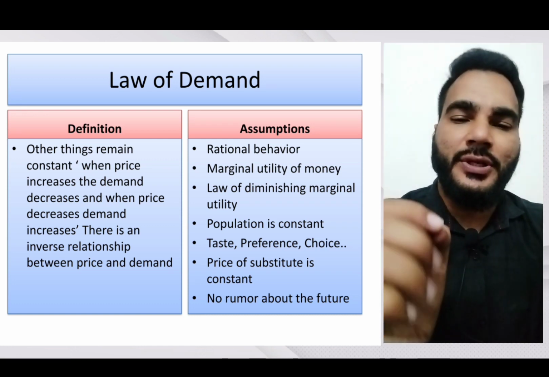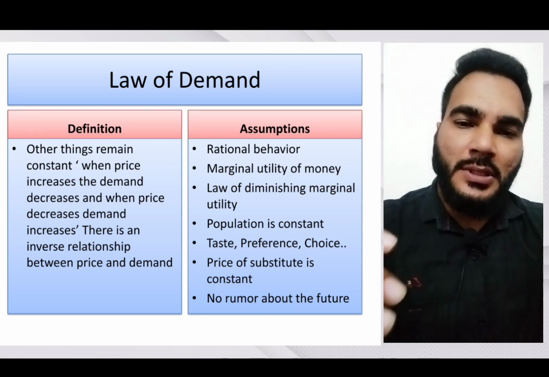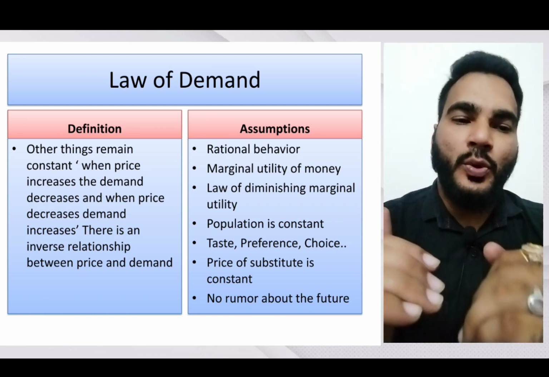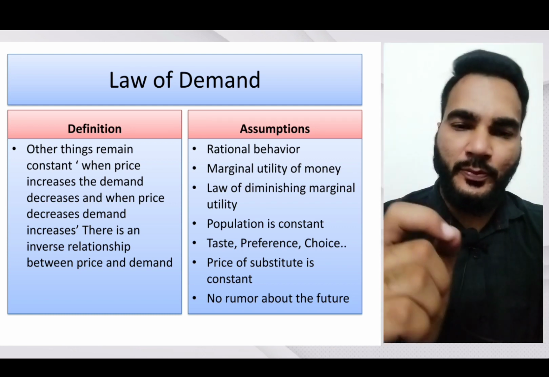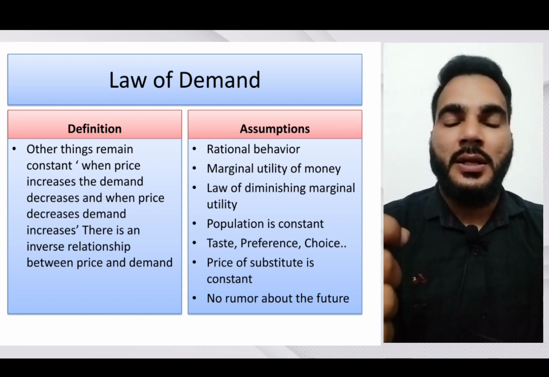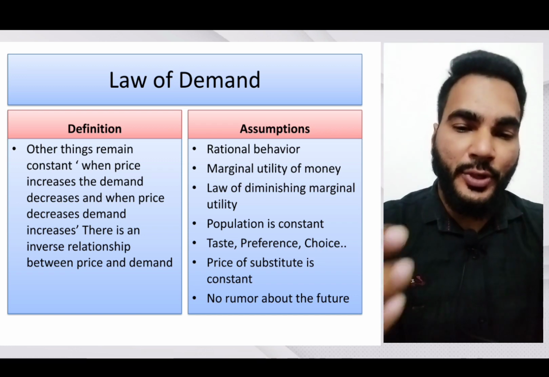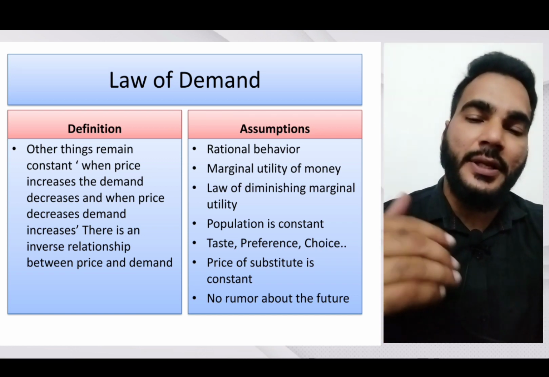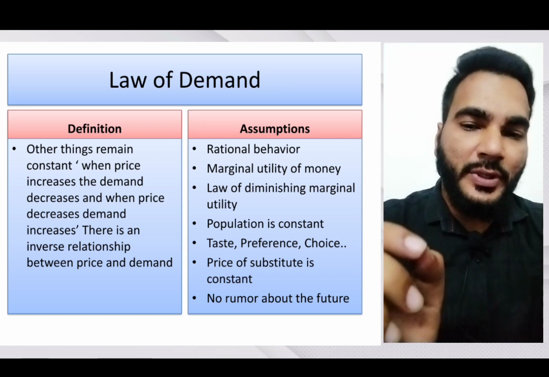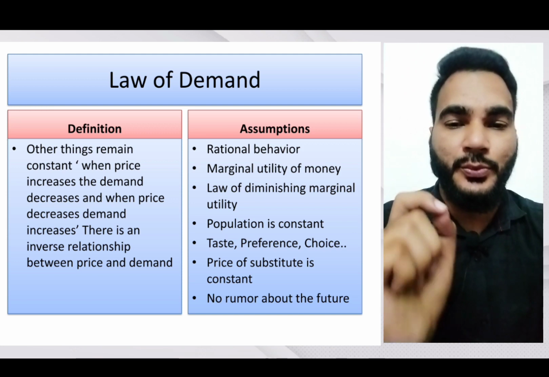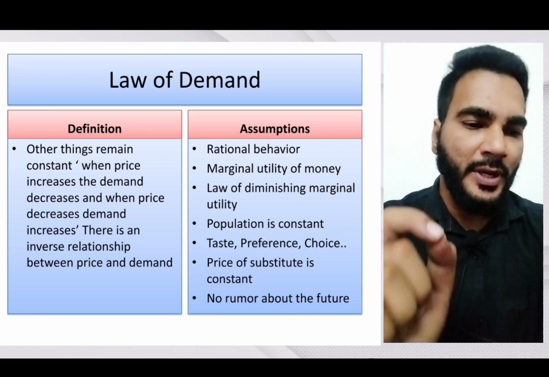Then we have population is constant, like as we can see, the population is getting increased day by day. So what happens if the prices of a product decrease, even though the demand doesn't get changed? Because in both ways, if the price decreases or increases, demand doesn't get changed, because we have constant population, whereas we have increasing population day by day.